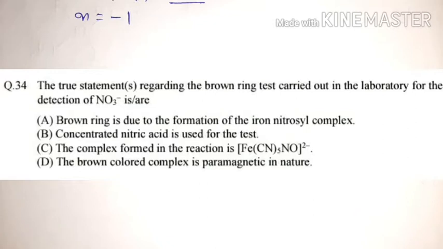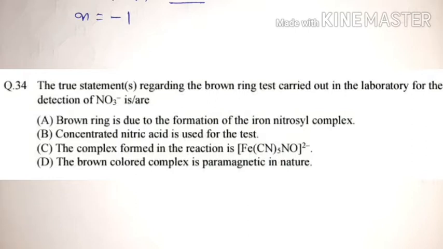The 4 options are: brown ring is due to the formation of iron nitrosyl complex. Concentrated nitric acid is used for the test. The complex formed in the reaction is [Fe(CN)5NO]2-, and the brown color complex is paramagnetic in nature. Out of these 4 options you can select which one is right.